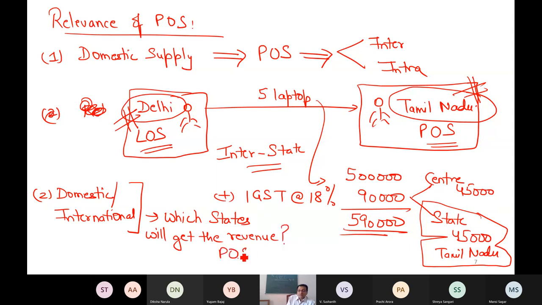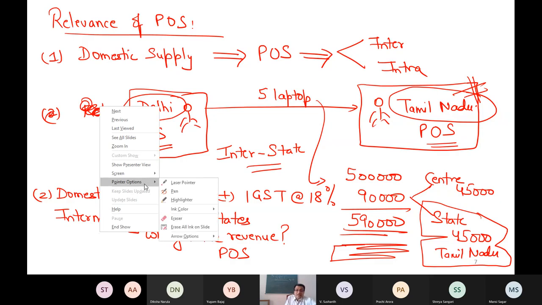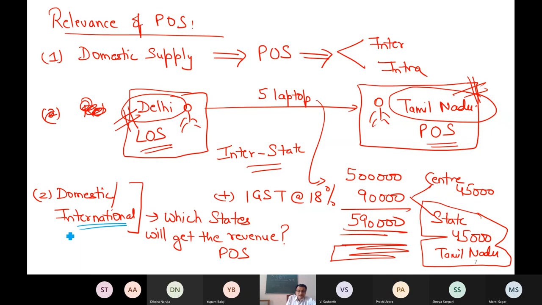Place of supply. In this example, you can see carefully. And suppose it had been an international supply. Even then, every international supply is subject to IGST by default, I know, but which state? For example, the goods are imported by a businessman in Delhi. If Delhi is the place of supply, then in international supply also the Delhi government gets the revenue.